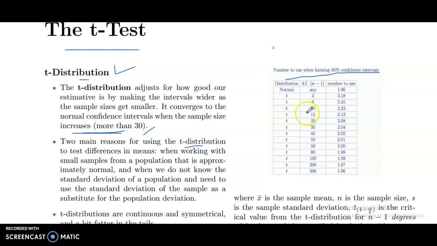Normal distribution versus t distribution with df of n minus 1.